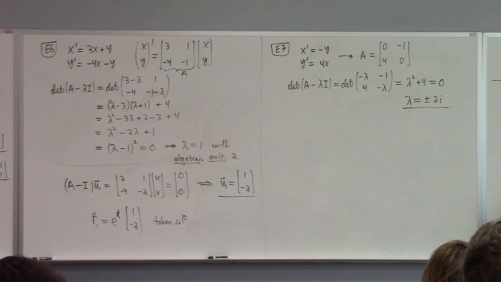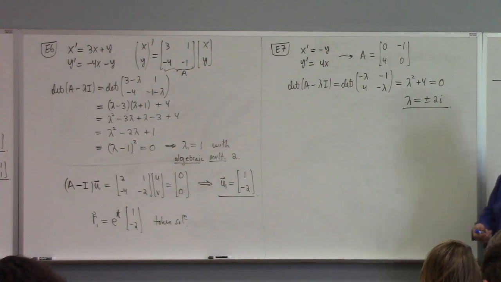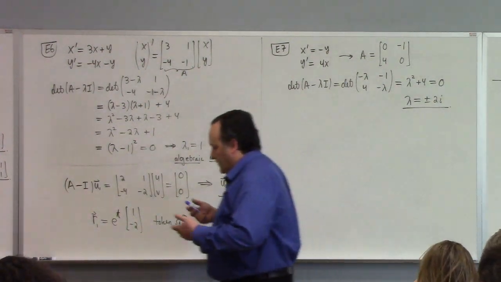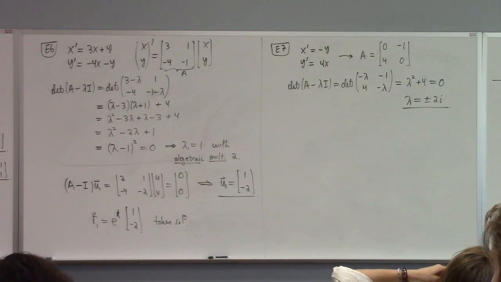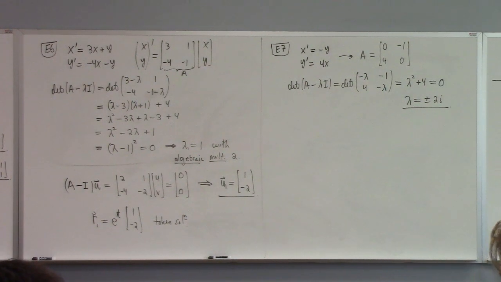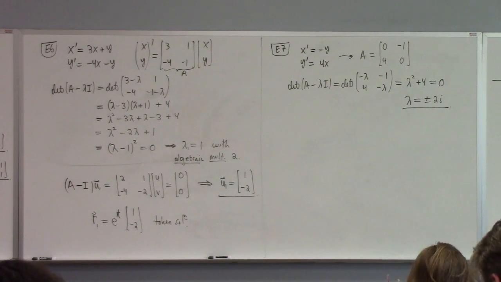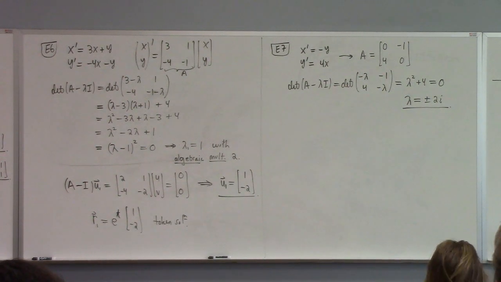And we know already from our previous work that that's still true if lambda is a complex number, right? So we should be able to write down a complex solution if we have a complex eigenvalue, right? So let's find the eigenvector. What's it going to look like here?